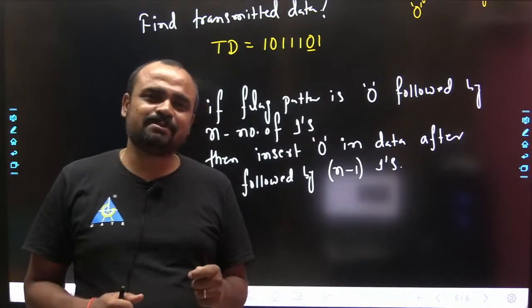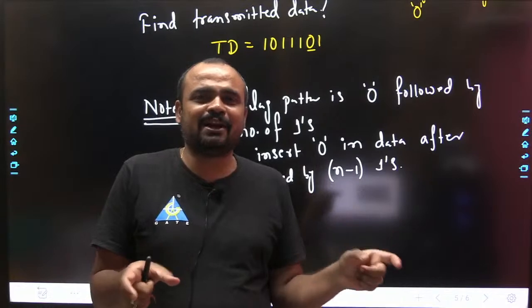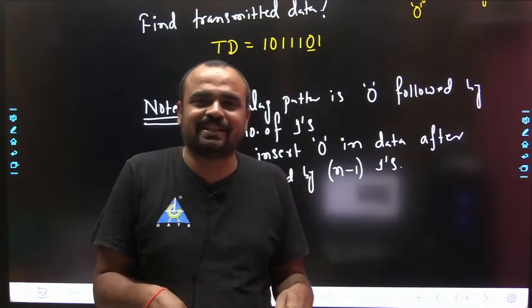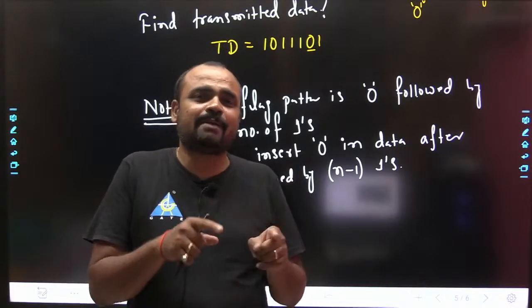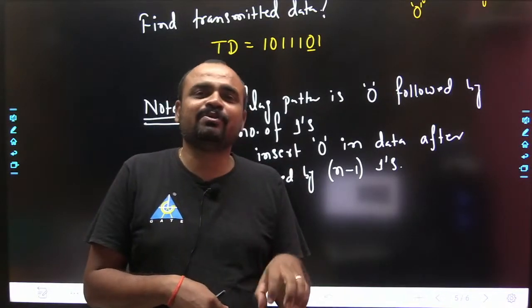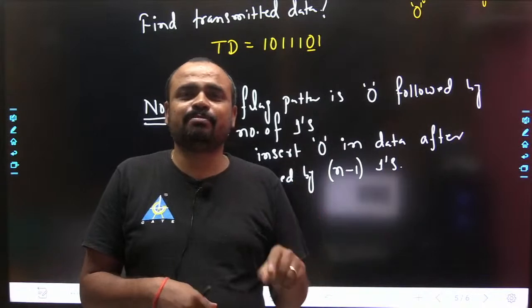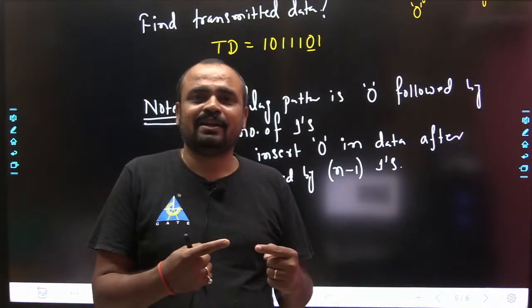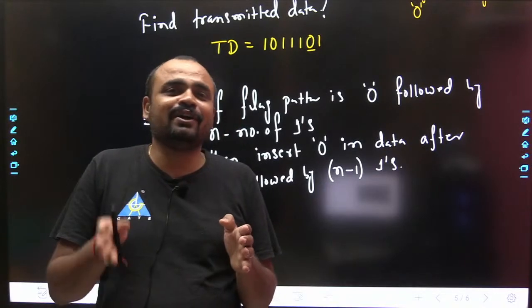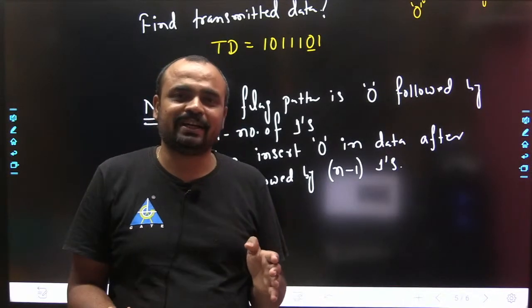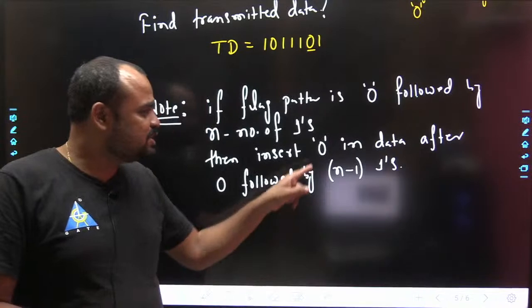Because the flag is implemented at the beginning and the ending of the frame to distinguish it. So what we only want is to avoid the flag pattern from the data part. So whenever bit stuffing happens, it will be done inside the data part, not with the flag part. Are you getting my point, everyone? So this 0 will be inserted.